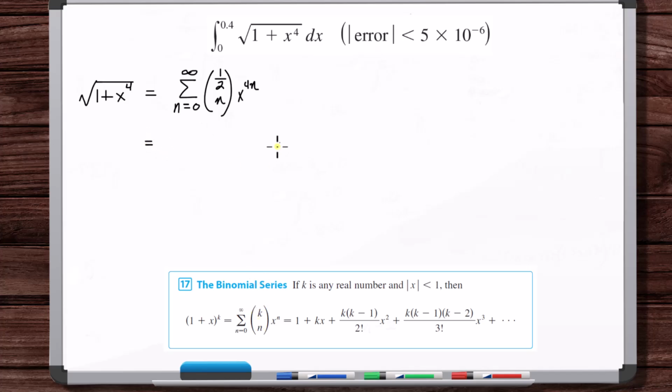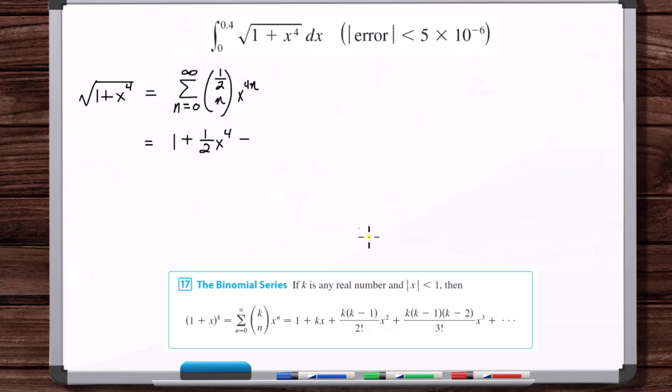Now let's write this out. The first term is going to be 1. The coefficient is 1 times x to the 0. Then plus 1/2 times x to the 4n, because the coefficient is just k, and it's x to the 4n.